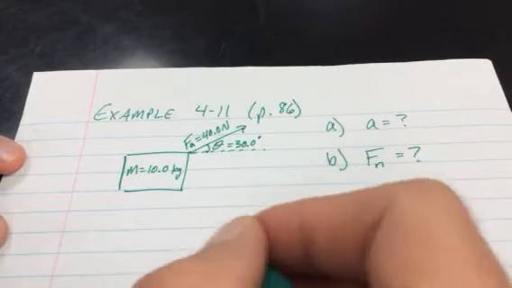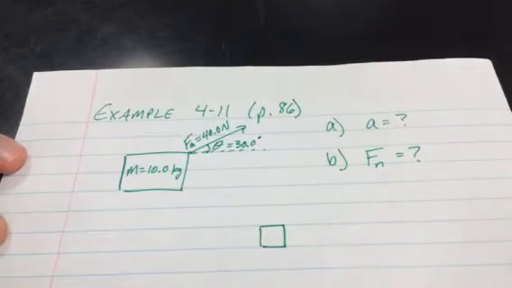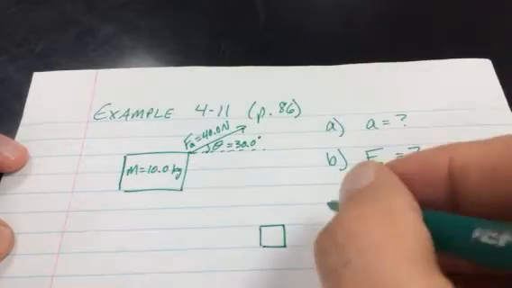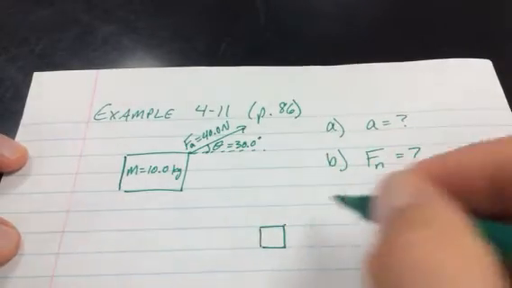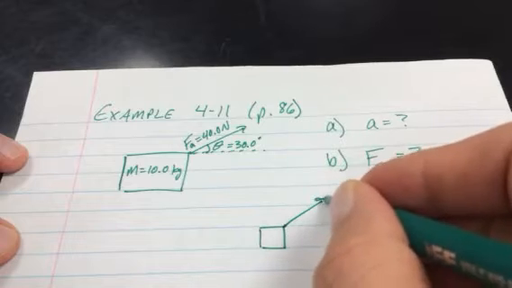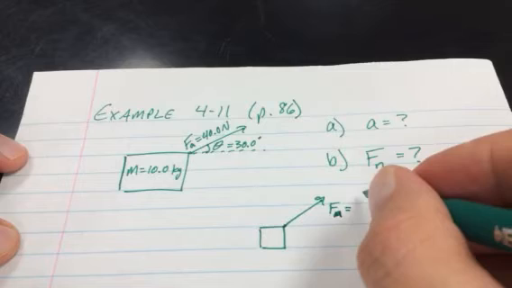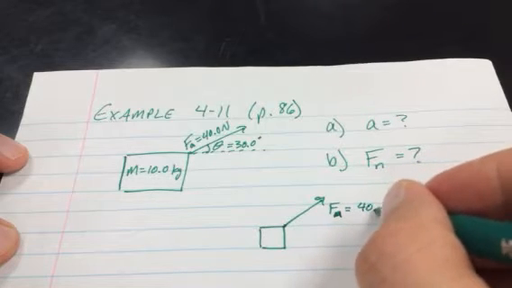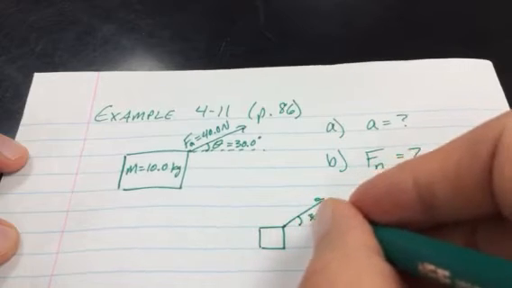So free body diagram, again, I don't have to get cute, I don't have to get fancy. I'm just going to use a box to represent the item, in this case, appropriately enough, a box. And that box is being pulled by an applied force of 40 newtons at 30 degrees.